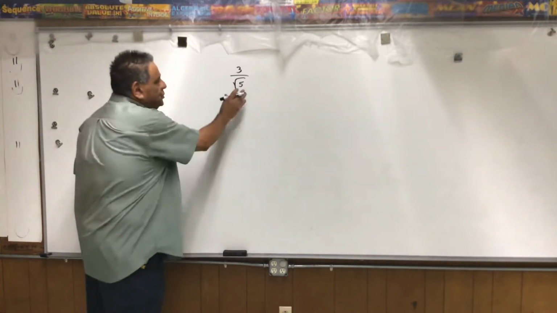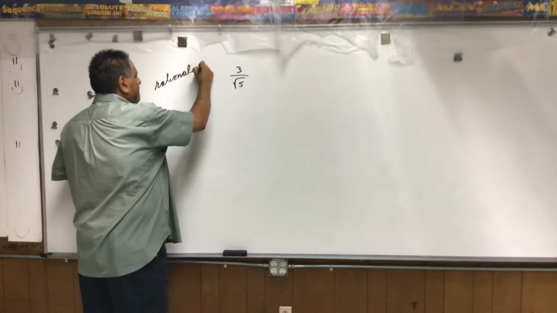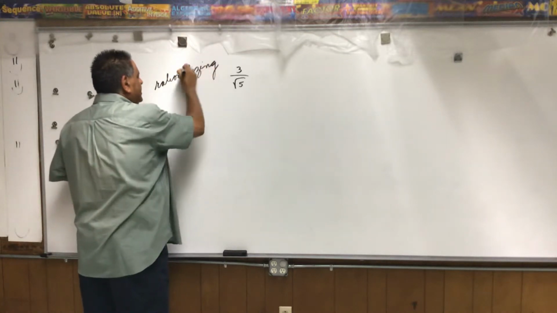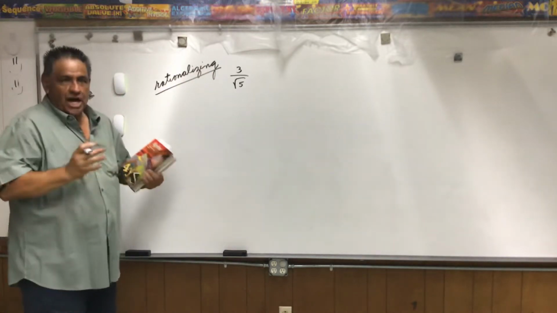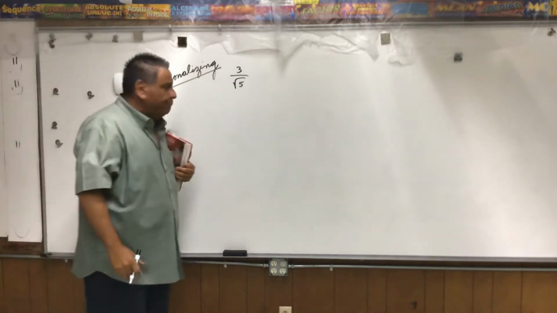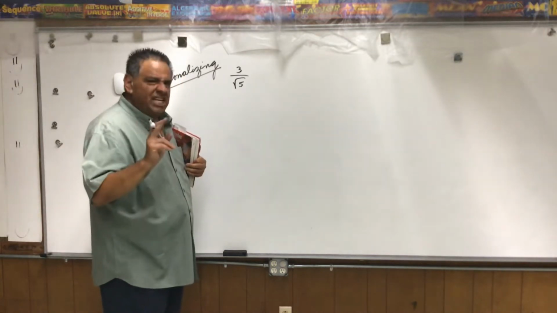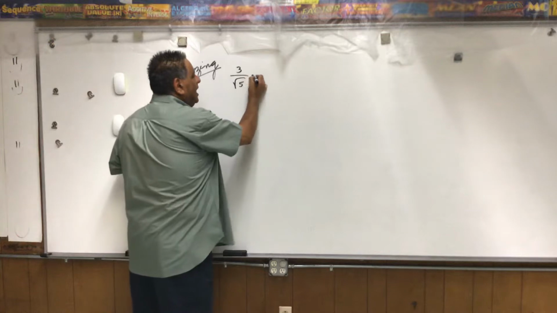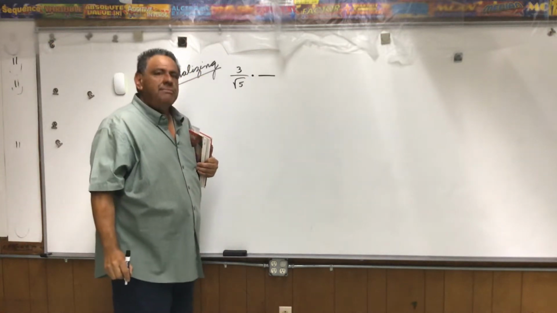Okay? And in order to do this, what's called rationalizing the denominator, we want to make it so there's a whole number there, no radical. A way to do that, watch how easy it is, we're going to multiply numerator and denominator by the same number. What same number?